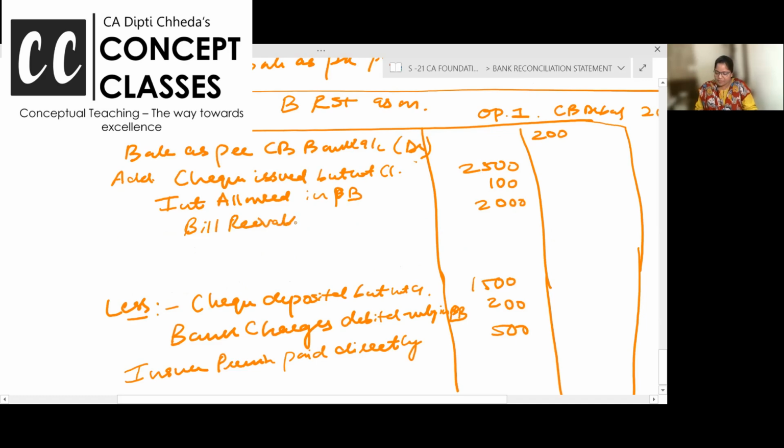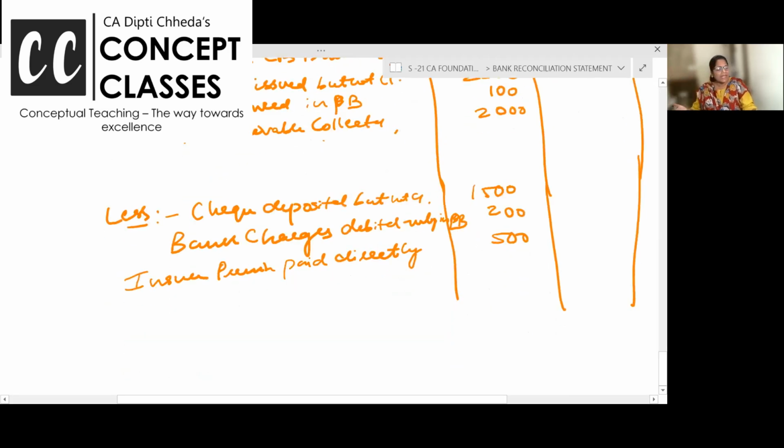Bills receivable collected, journal entry: bank to bills receivable. We have not recorded it; it was deposited in the bank, we got to know now, we will do debit, already debit, more debit. And a wrong debit given by the bank in the passbook. It's a wrong debit, so what we should do? Wrong credit. So when I do wrong credit, what I have to do? Less.